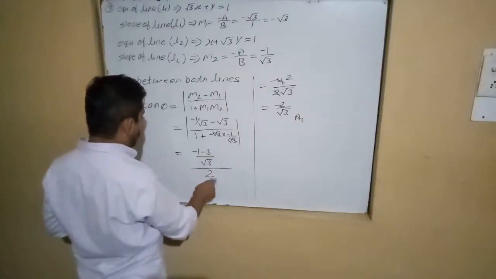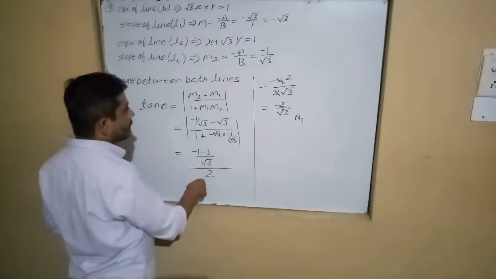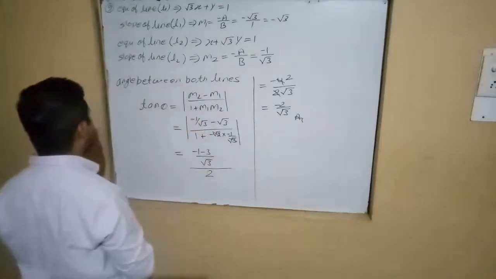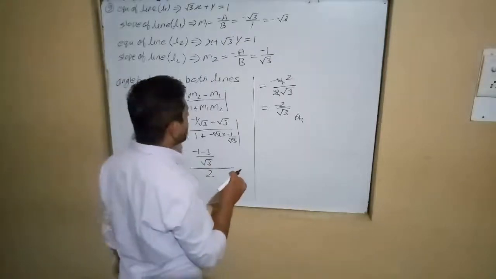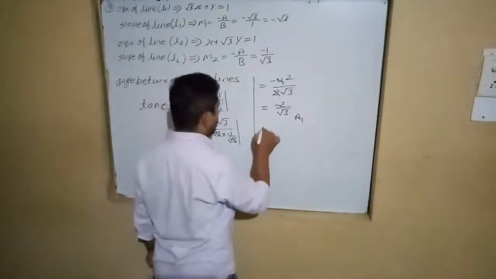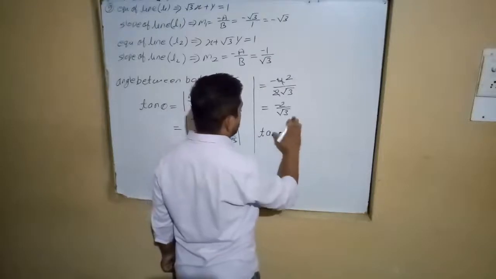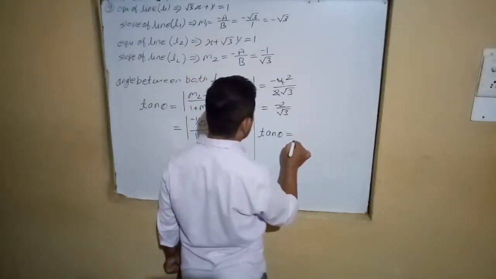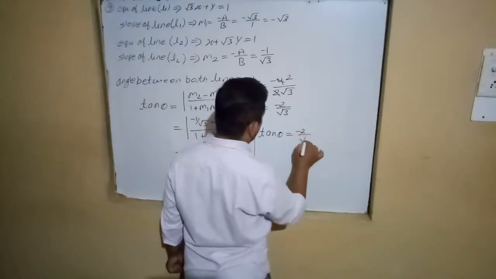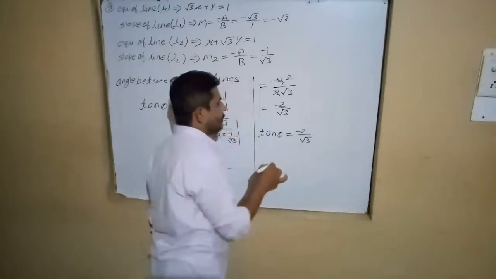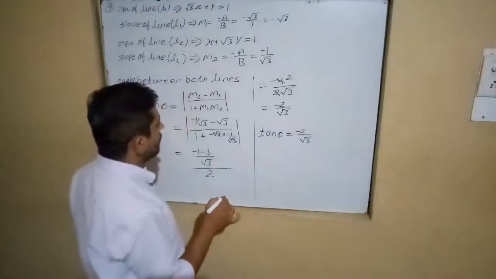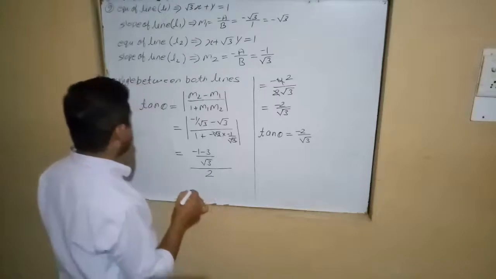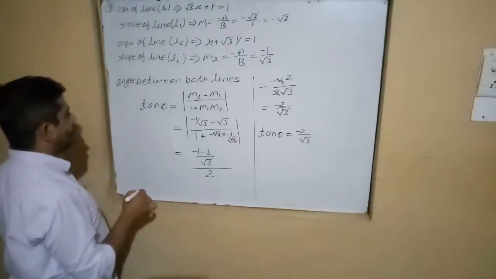So 2 root 3 minus 2 upon root 3 is the value of tan theta. If we find the value of theta, we can write here tan theta is equal to minus 2 by root 3 is the value of cot, 2 by root 3, 1 by root 3 will come here.